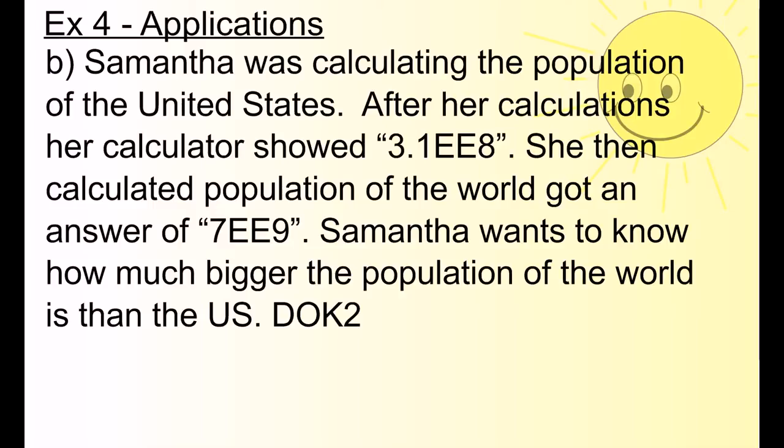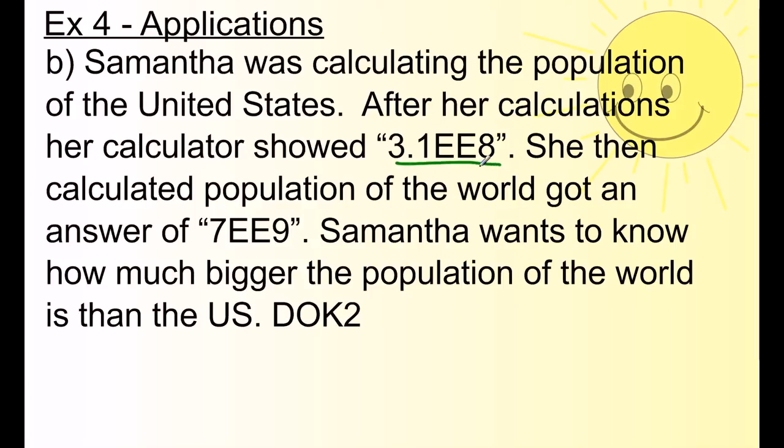Samantha wants to know how much bigger the population of the world is than the US. So one of the standards in the Common Core is that students should be able to recognize what a number looks like in scientific notation if it's given by a calculator. And this is one of those methods.